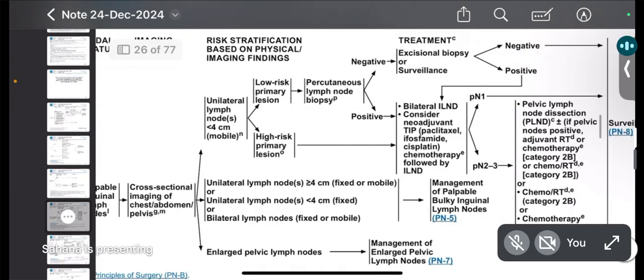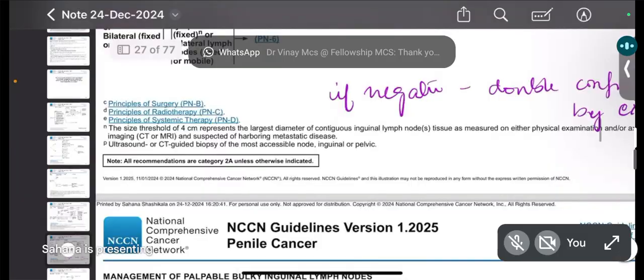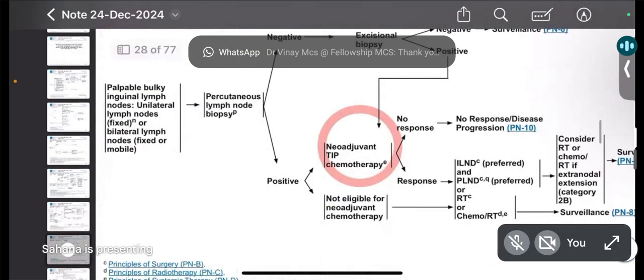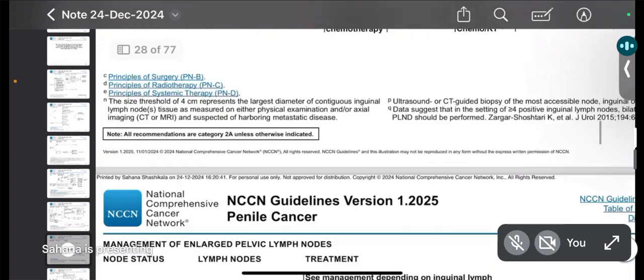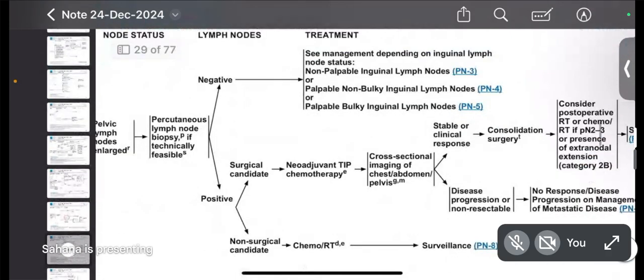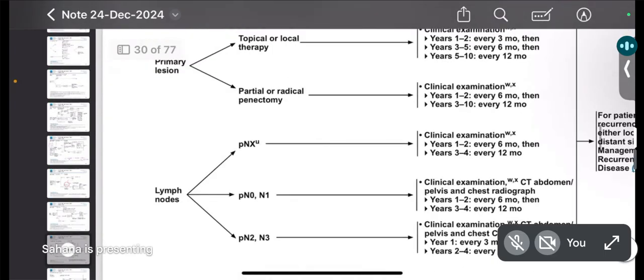If it is a bulky node, fixed node, bilateral node, pelvic nodes, then they say there is a role for neoadjuvant therapy by TIP with response assessment. Then you will go for ILND, and if these characteristics were there, you will include even pelvic node dissection. So pelvic lymph node dissection.